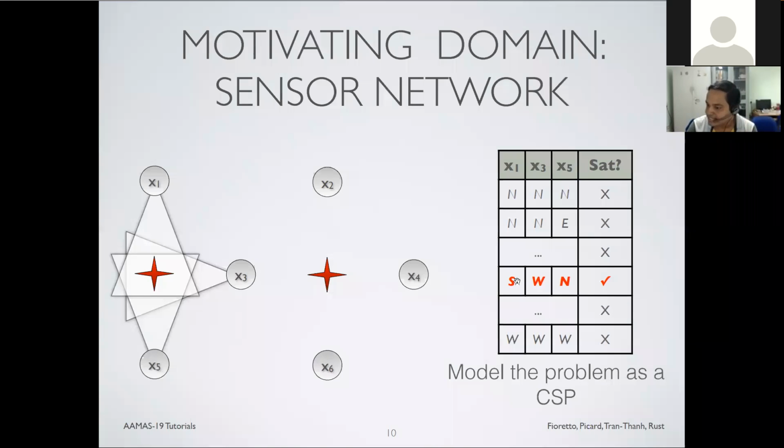This is the combination of X1, X3, X5 which can satisfy my constraint. The constraint is to track this target. Similarly for this one also, you can do that.